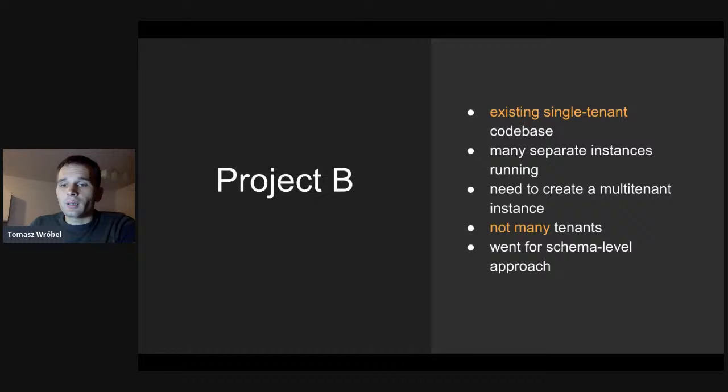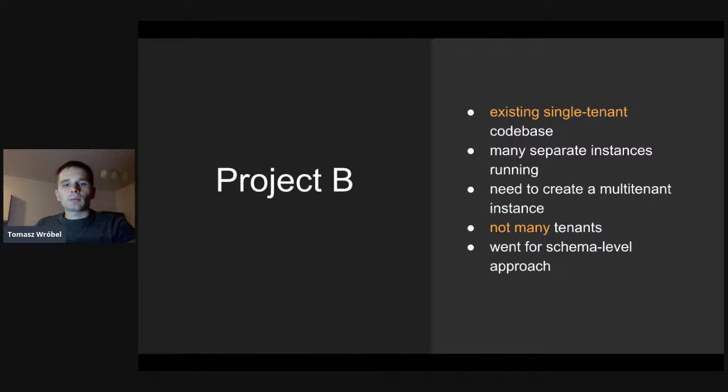The code base was quite big, an existing one, and there we went for a schema level approach, where you basically have a separate set of tables for every tenant. You can achieve it in a lot of different ways, for example, with PostgreSQL schemas, which I'm going to talk more about today too.